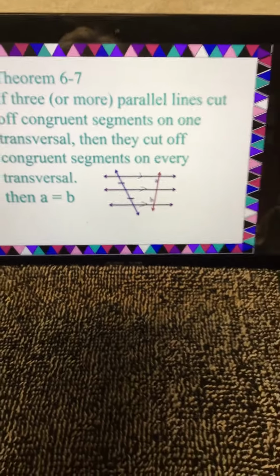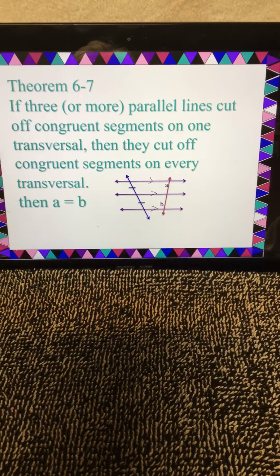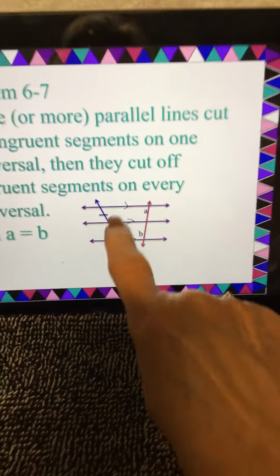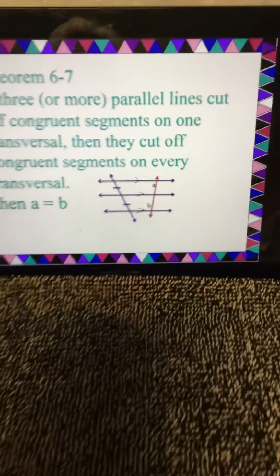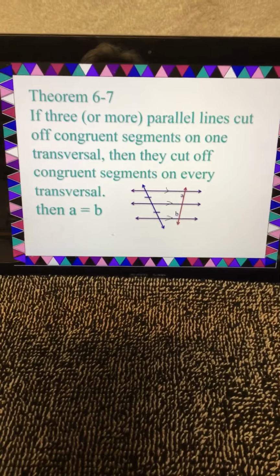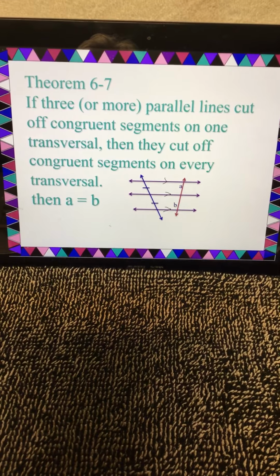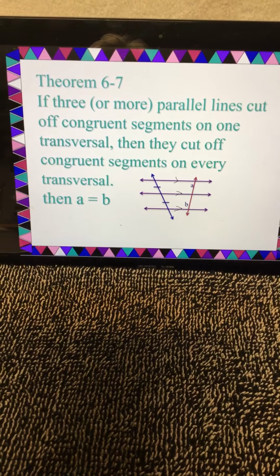And then there's one last theorem that we can talk about in the same section, because in essence we're seeing these little parallelograms formed in this figure. It says if you have 3 or more parallel lines that cut off congruent segments on one transversal, then they cut off congruent segments on every transversal.